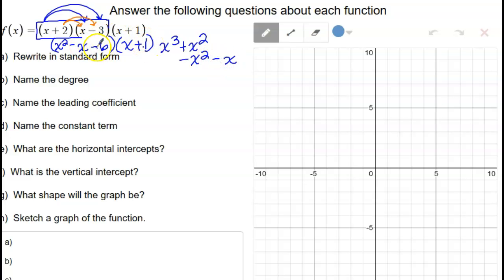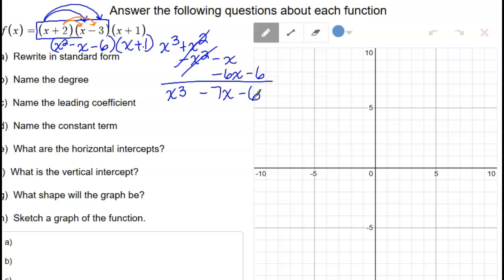And then for the last one, we have negative 6 times x is negative 6x, and negative 6 times 1 is negative 6. And I'm just stacking these so that the columns are like terms. So x cubed, the x squares cancel each other out because one is a positive 1 and the other is a negative 1. We have negative x minus 6x, which is negative 7x, and we have a negative 6 here.